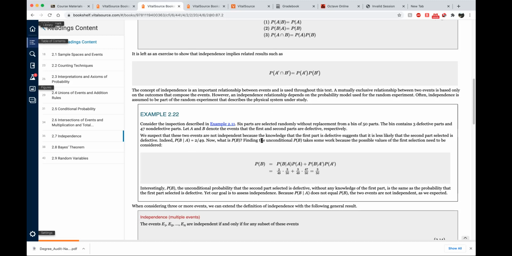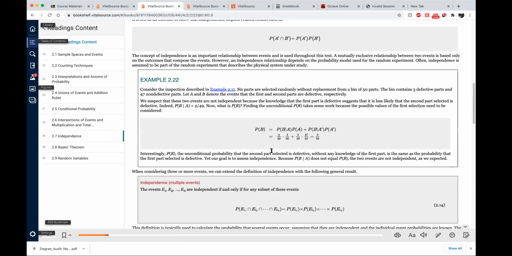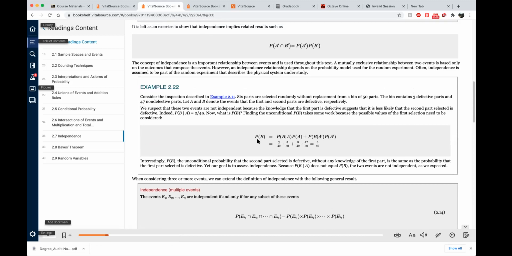So now let's figure out P of B. Using the total probability rule, we can express P of B as P of B given A times P of A, plus P of B given A prime times P of A prime.